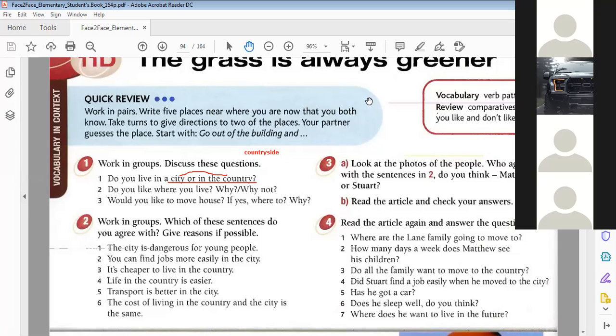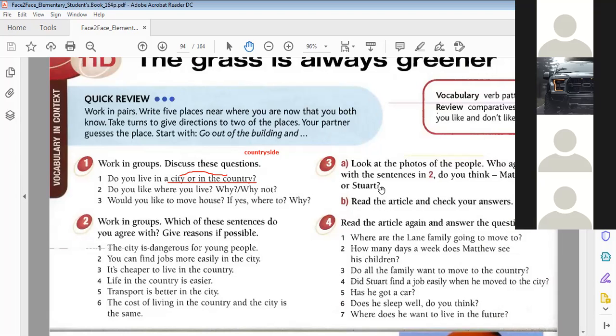Because of the crowds and the activities. There are more in the city, and we need a lot of money in the city more than in the country. Okay, so maybe because there are more people and there are more activities, you think?